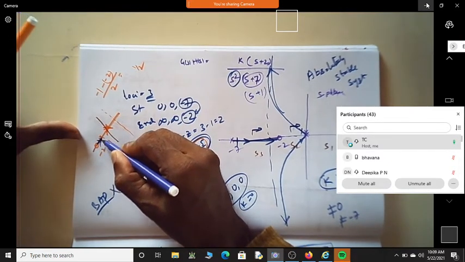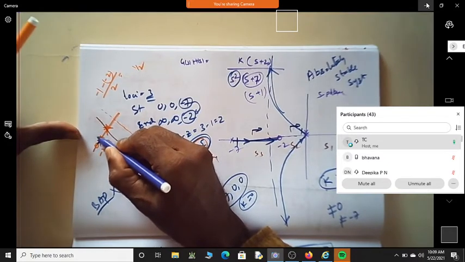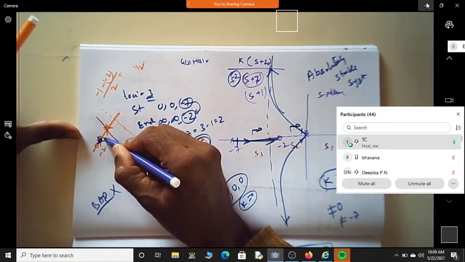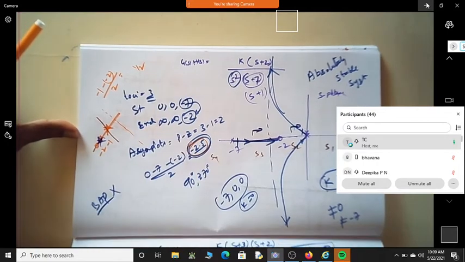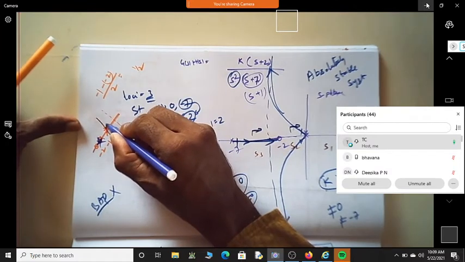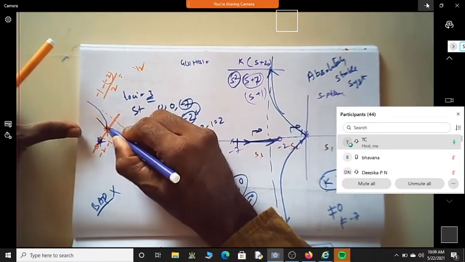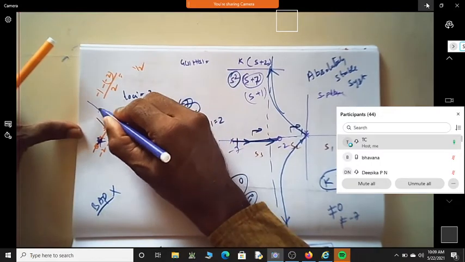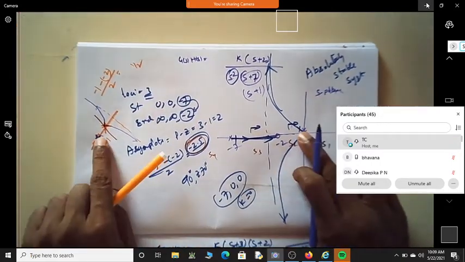So this would have started from -1 and gone to -2, correct? From pole it goes to a zero. How about this? This is breaking and it will go like this. See, now it is exactly the opposite.